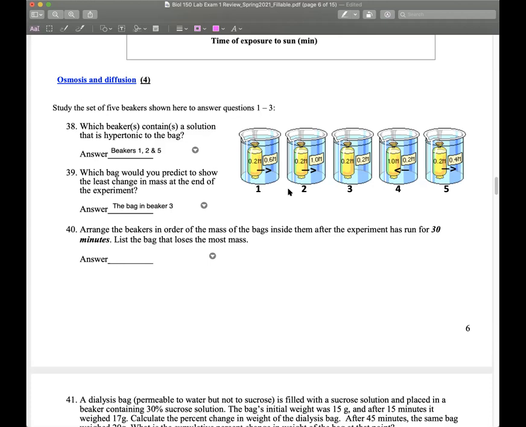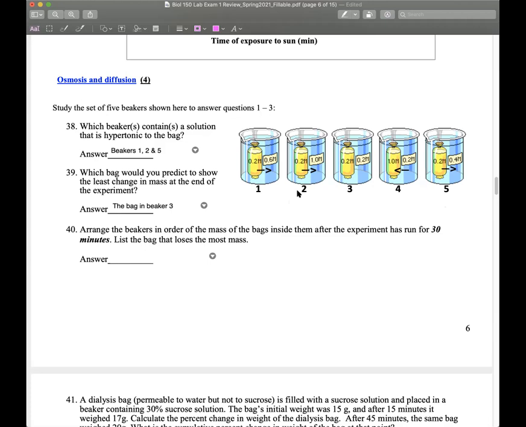So now that we know which direction water is moving, we can determine which bags are going to be lighter and which ones are going to be heavier after 30 minutes. It wants us to start with the bag that's going to lose the most mass. There are 3 bags that are going to lose mass: 1, 2, and 5.